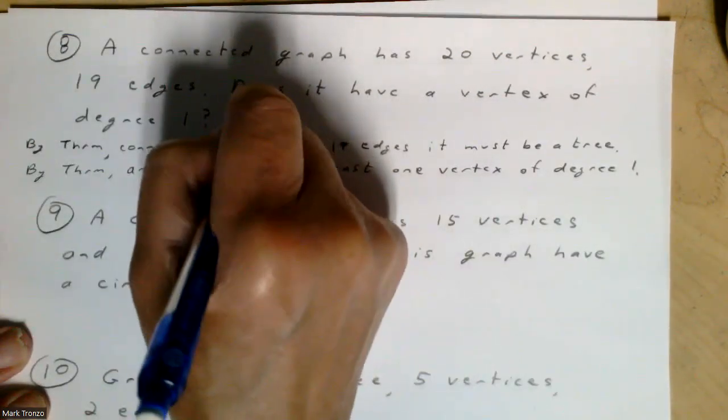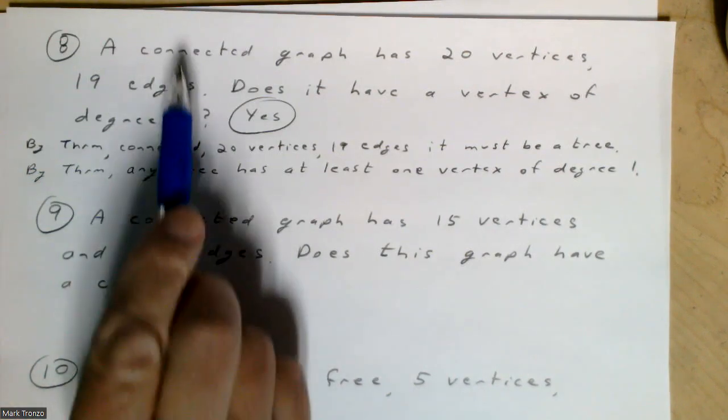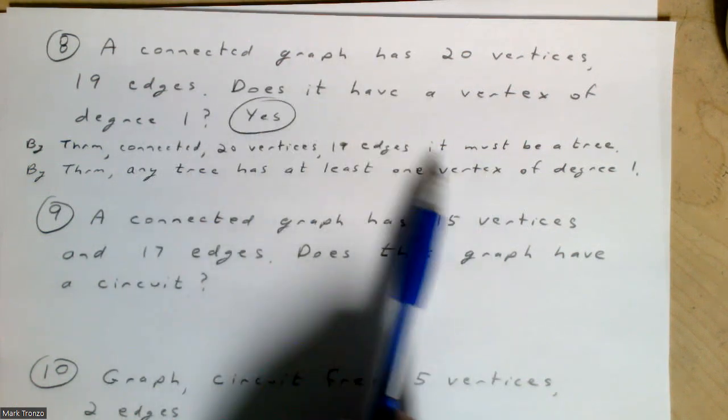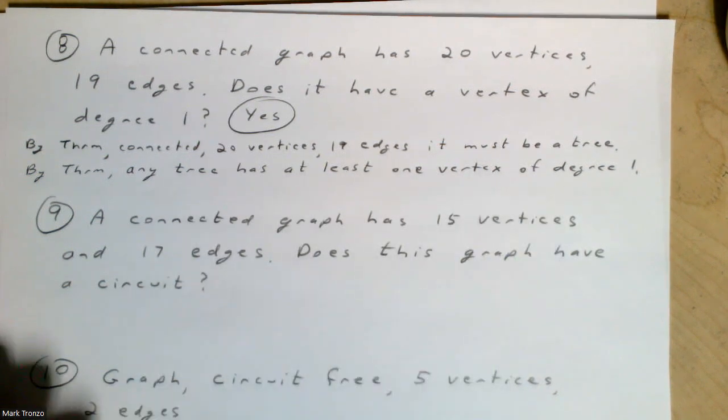So this one, the answer was yes. First, using the one theorem to establish we have a tree. And then once you have a tree, use another theorem to say any tree has at least one vertex of degree 1.